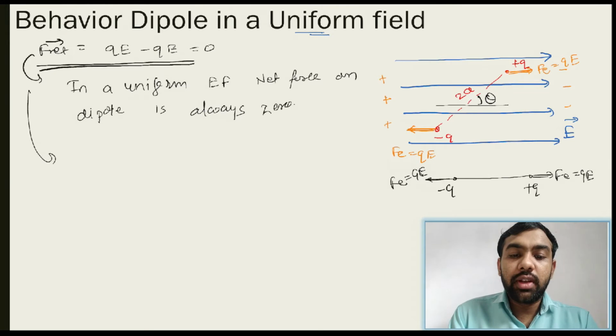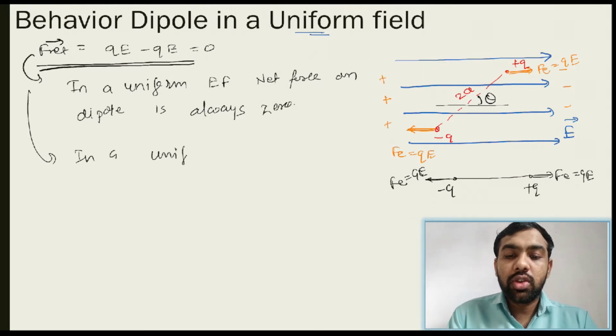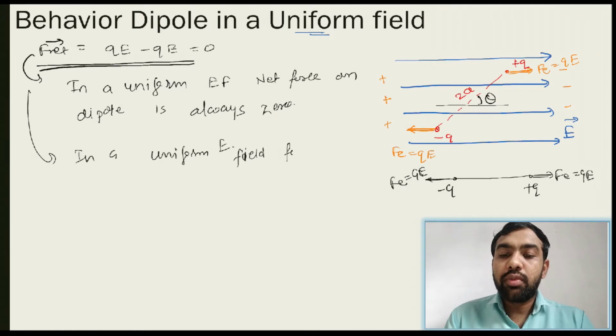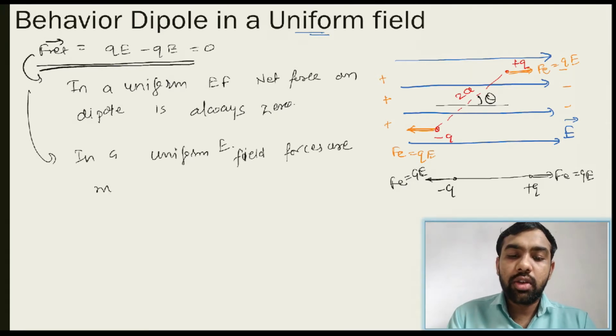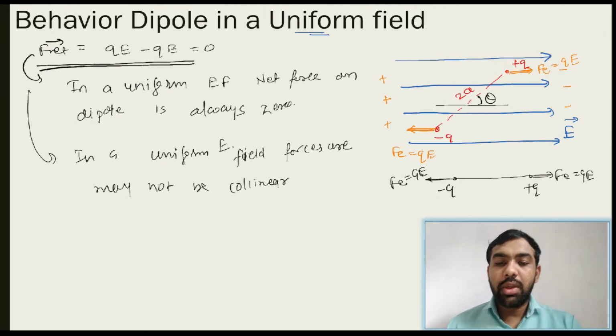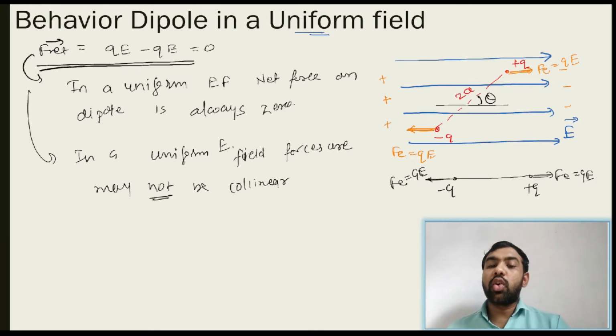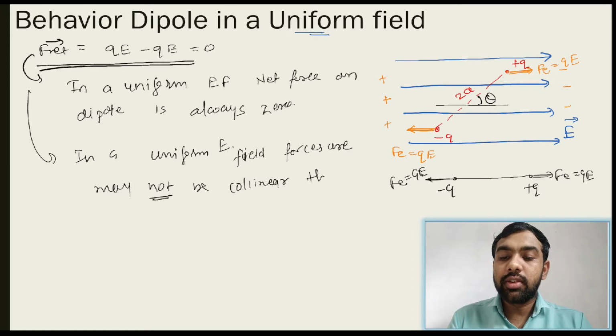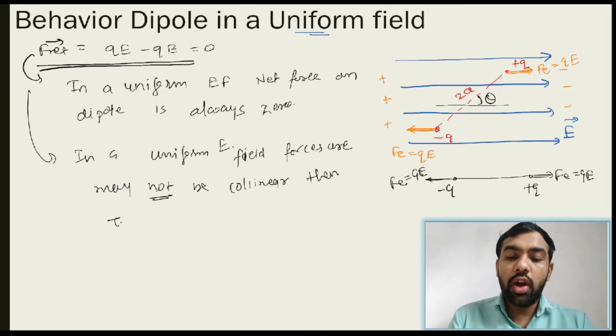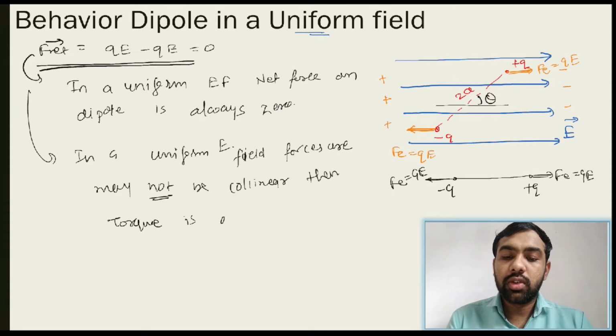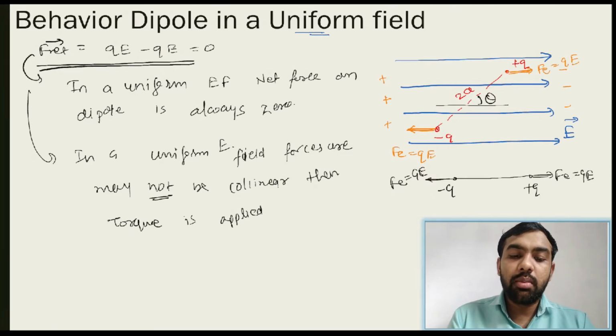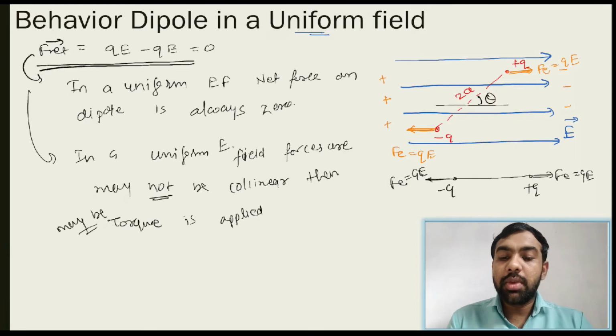So in a uniform electric field, the forces may be collinear, but may not be. When they are not collinear, a torque is applied on the dipole.